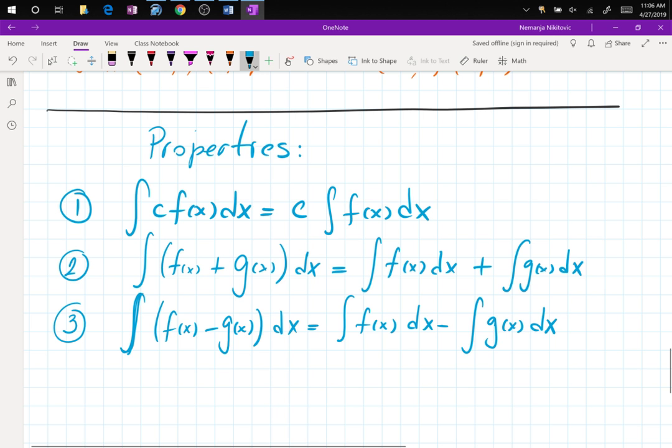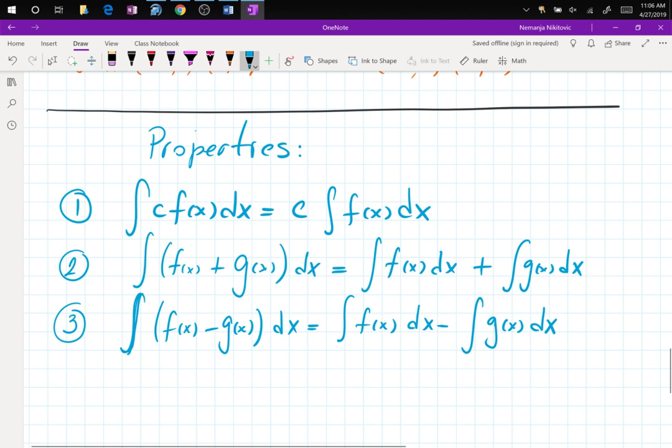So multiplication you will be dealing with in Calc 2. It will be called integration by parts, and then some of the quotients will be in your partial fraction decomposition and so on. So the multiplication and division formulas will show up, and you will deal with those when you're in Calc 2.